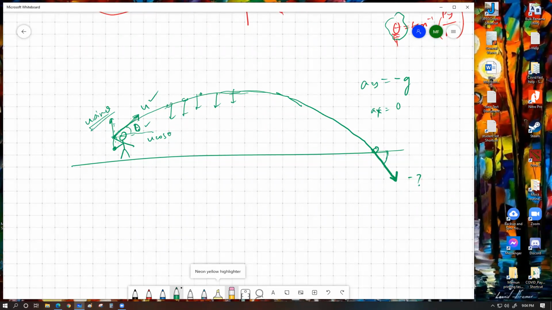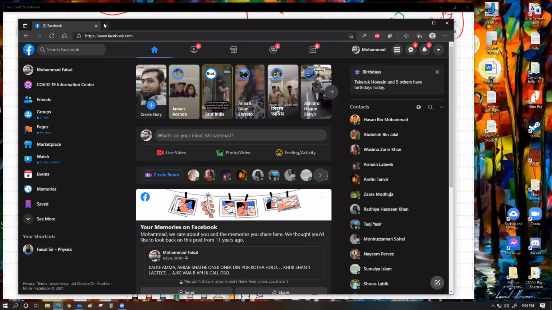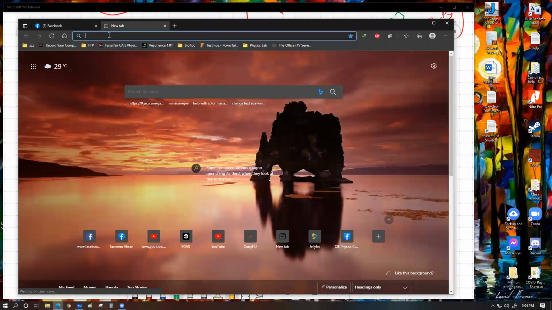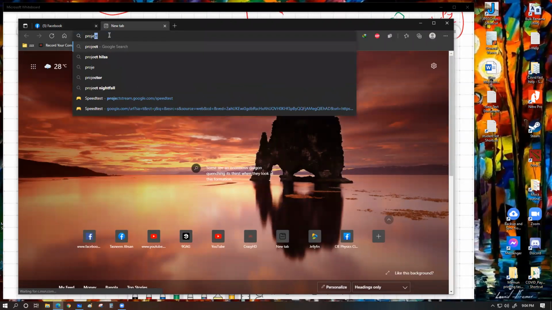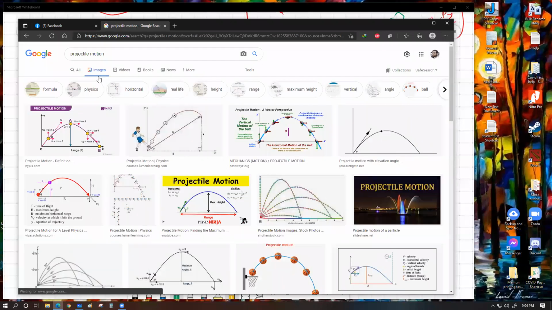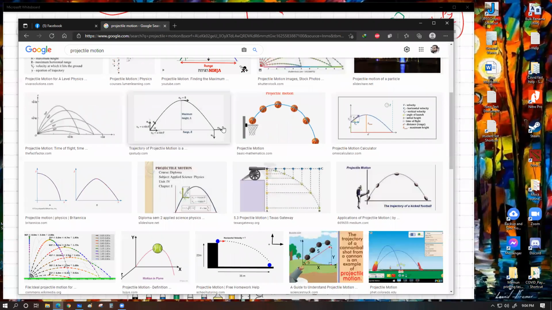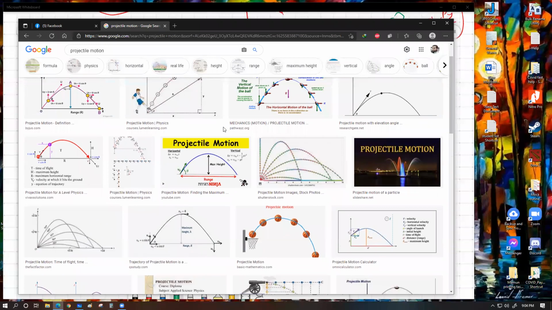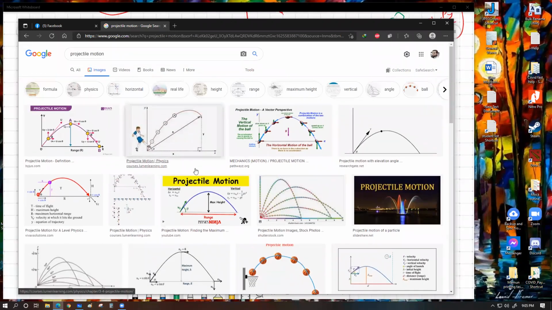So if I, other than drawing, try to show you some projectile motion stuff, it can give you a pretty good idea of what we are going to handle here. Yeah, these are good components. We're going to see about this figure after a while, but one of the things I would like to show you is actually this.